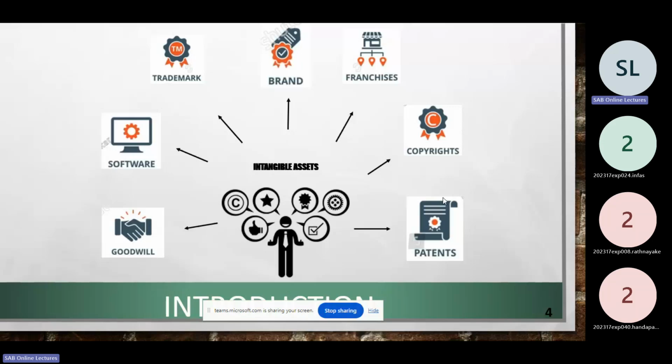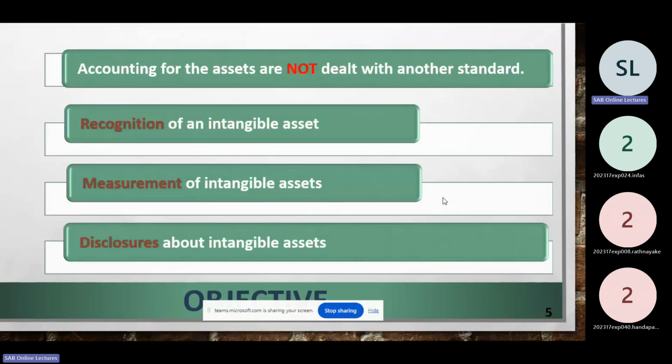These are a few examples: software, trademark, brand, franchises, copyrights, patents. We are moving on to the learning outcomes: recognition of an intangible asset, measurement of an intangible asset, and disclosure about the intangible asset.